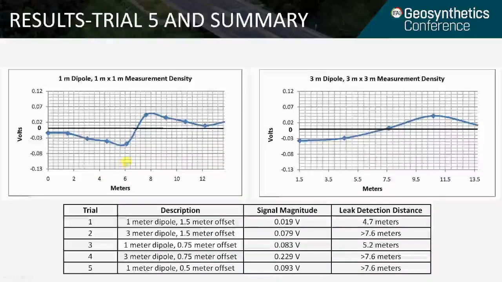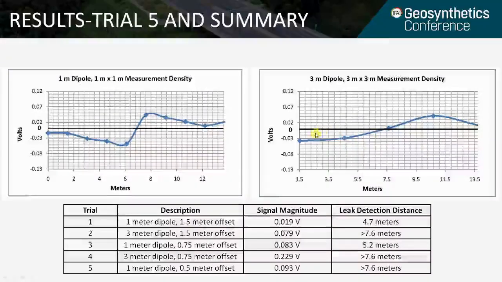Here's trial 5 on the left, plotted at the same y-axis scale as trial 2, to show the difference in signal when using a dipole with a spacing equal to the measurement grid spacing. What's interesting about this comparison is that the signal strengths are about the same when you're just looking at the y-axis values, but the leak detection distance of the 3 meter dipole is still larger, since the sine wave pattern has a larger peak-to-peak distance along the x-axis, or survey transect.